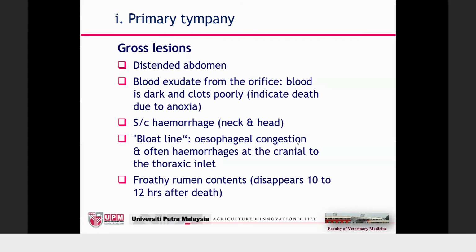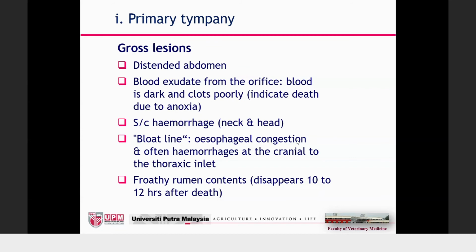So that is an indication, but don't forget, when congestion is very severe, blood can escape from the blood vessel and ooze outside it. So very severe congestion might lead to hemorrhage.